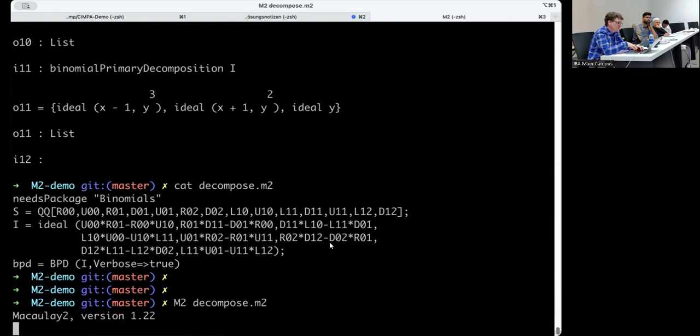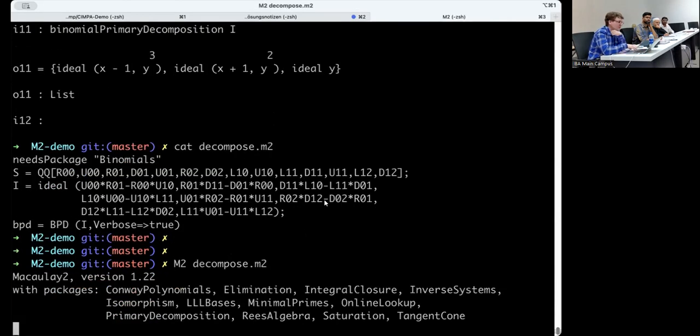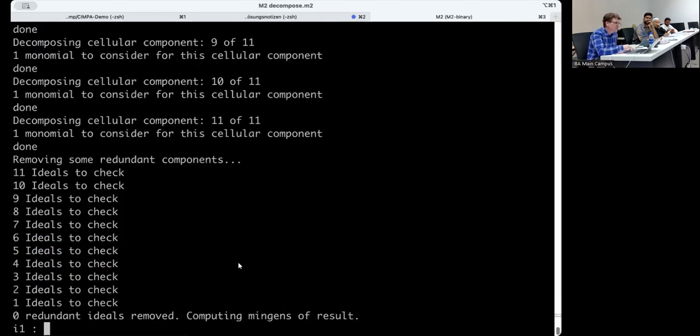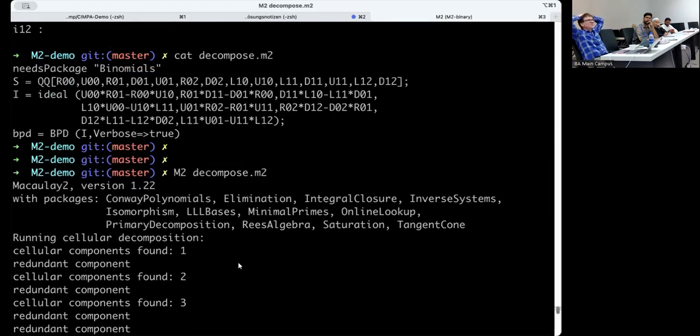So it ran through really quickly. Let's start from the beginning: Macaulay 2 starts, and then it does running cellular decomposition. So now the actual cellular decomposition algorithm, now you see there are 1, 2, 3, I don't know how many, 12 variables or so. So there are 2 to the 12 different combinations of variables, which could be regular and important.